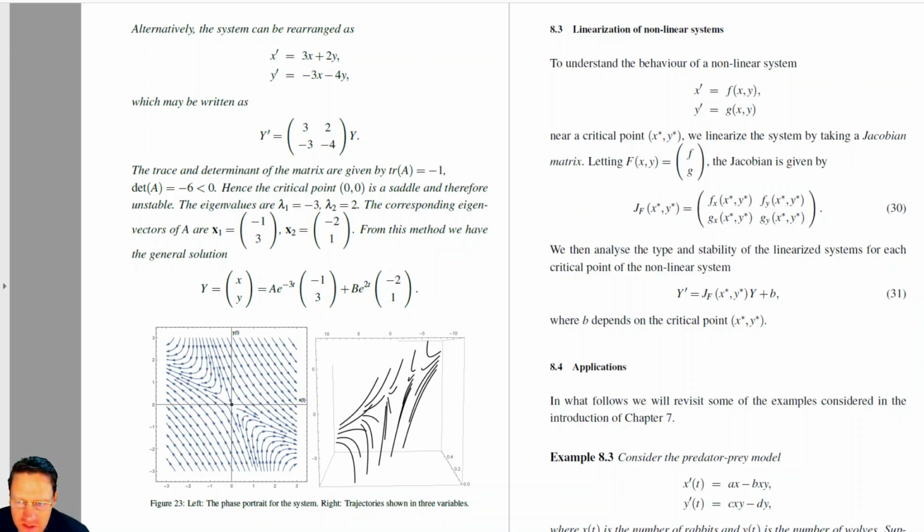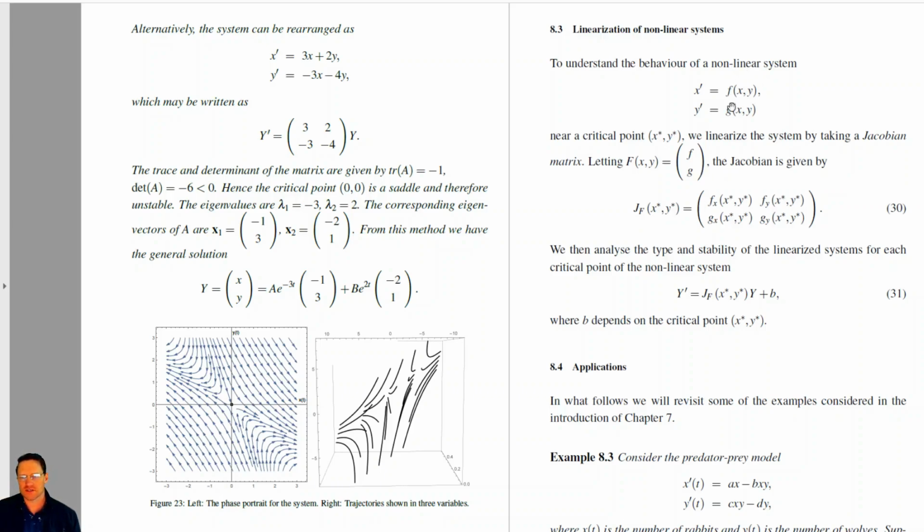All right, so what we want to do is linearize by taking what we call a Jacobian matrix. I've got non-standard notation for that because I don't want to confuse it with the D's of the previous section, and some people like to use an uppercase D for the Jacobian matrix. So I'm just putting a J subscript F. Notice I've got an uppercase F to be the vector function (f, g).